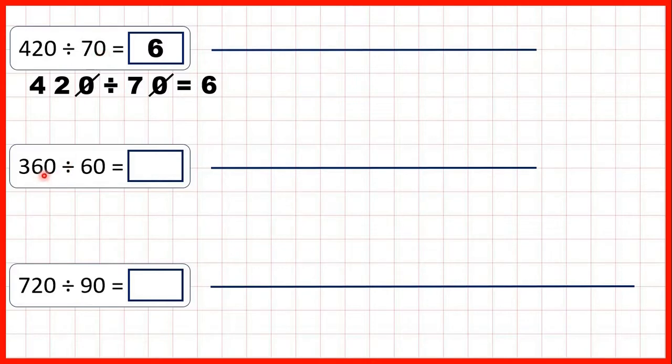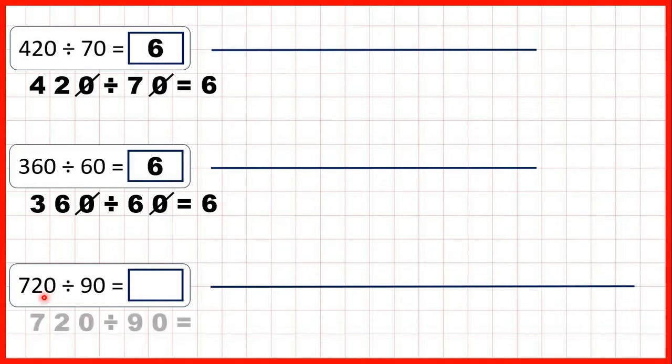Now we have 360 divided by 60. Again, with division questions, we can cancel our end zeros, so 360 divided by 60 will give the same answer as 36 divided by 6, which is 6. Finally, we have 720 divided by 90.